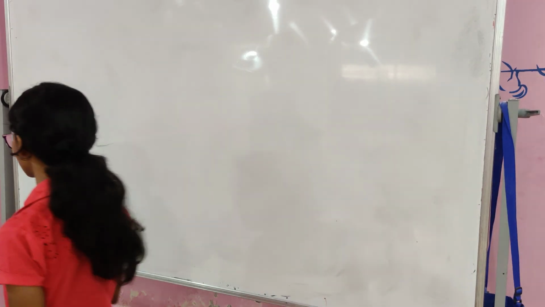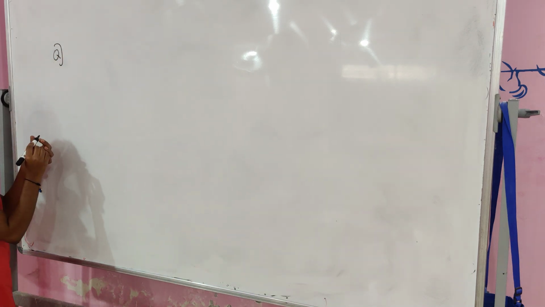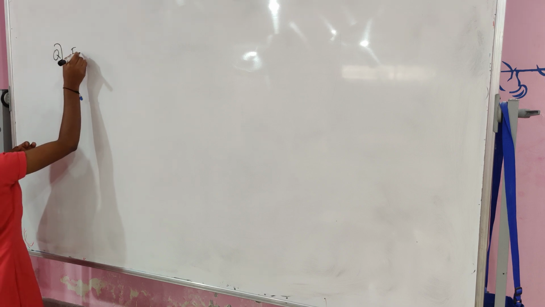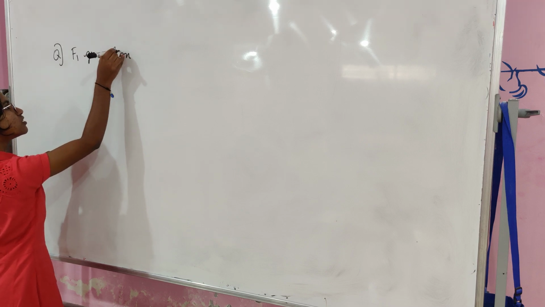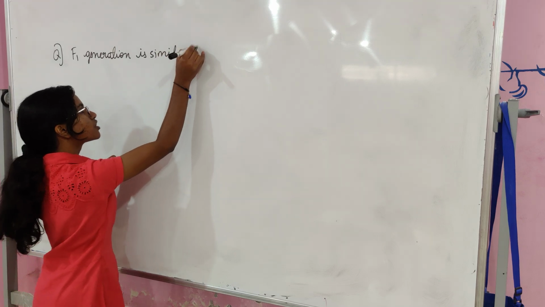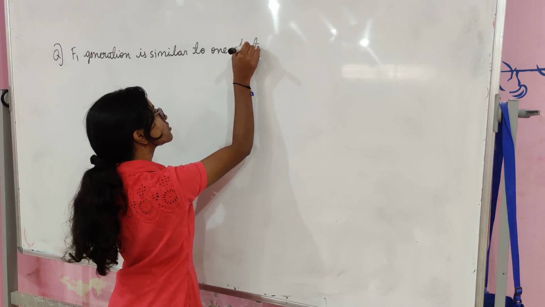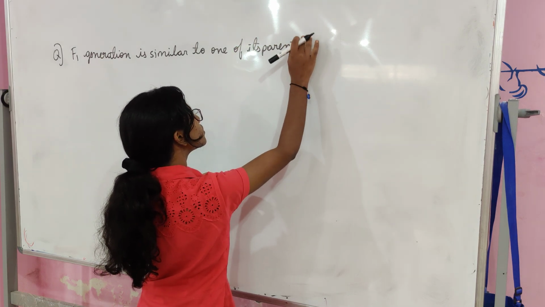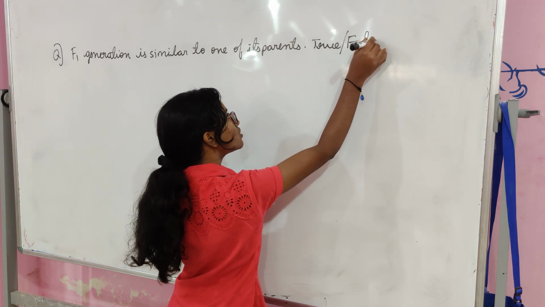So I have a question. One of the statements: the F1 generation is genotypically similar to one of its parents. True or false?